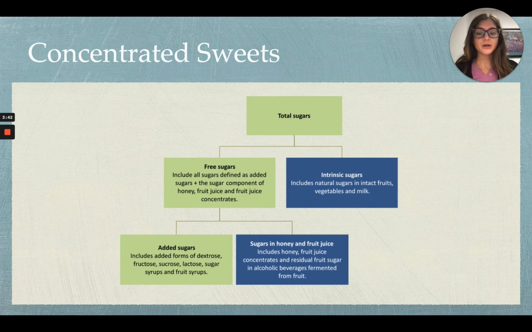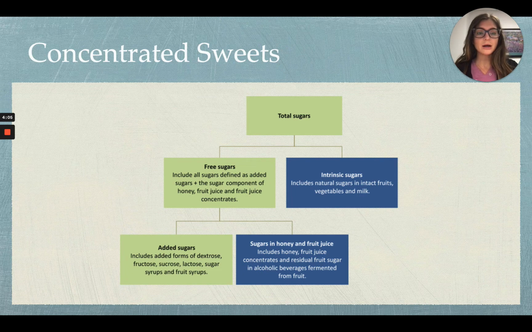Now within the free sugars category, we have added sugars, which are in the form of dextrose, fructose, sucrose, lactose, sugar syrups, and fruit syrups. If you look at the back of a food label, sometimes it has the total carbohydrate amount, and then the amount of added sugar.